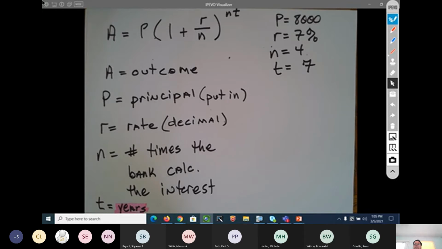You can't put months. So you need to make a note of that, because on some standardized tests, they'll say 18 months, and you can't put T is equal to 18.